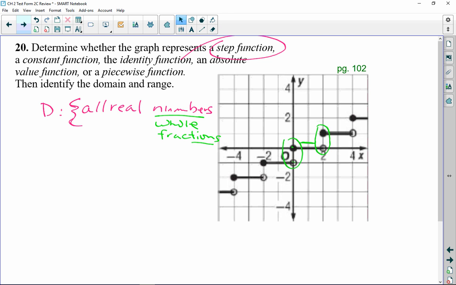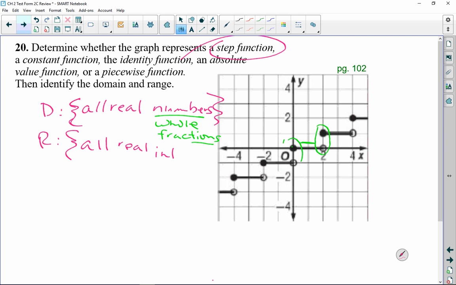All right. Here's the tricky part. Are the lines extending down here? They're not, are they? So now, is it a true statement if I say all real numbers? It's not a true statement, is it? So on your range, you have to say all real integers.